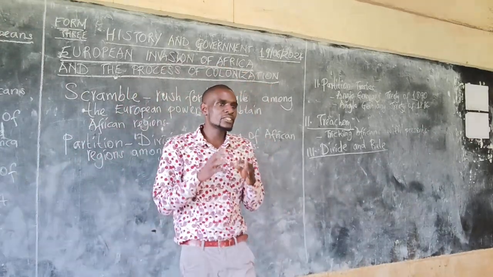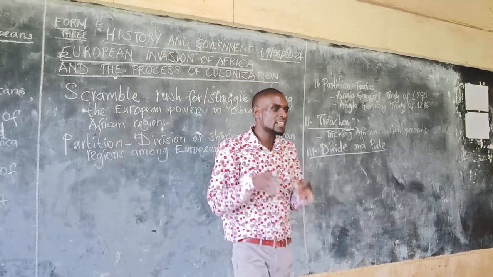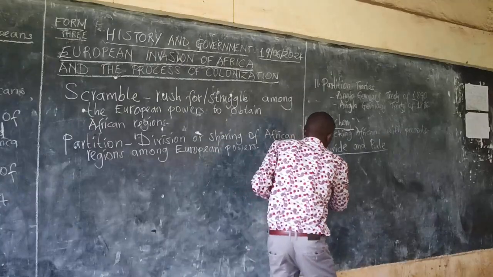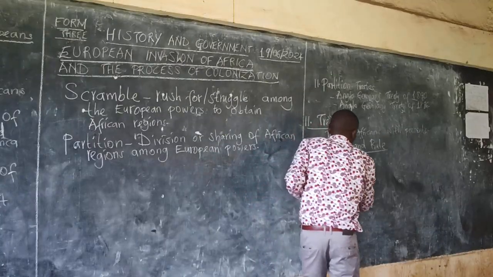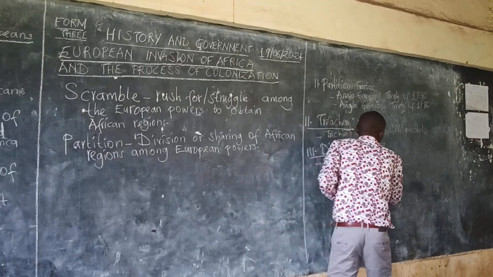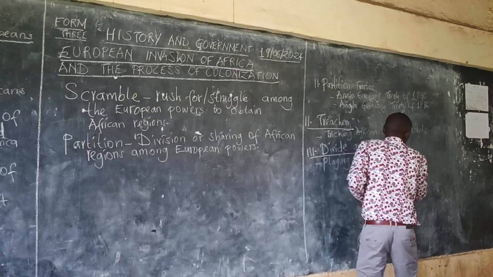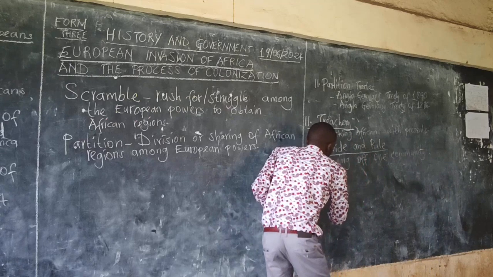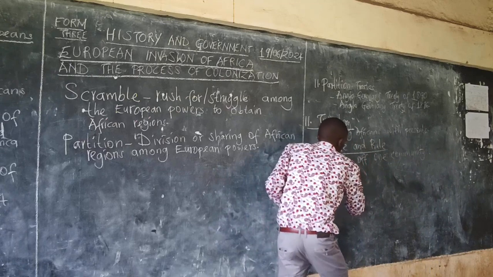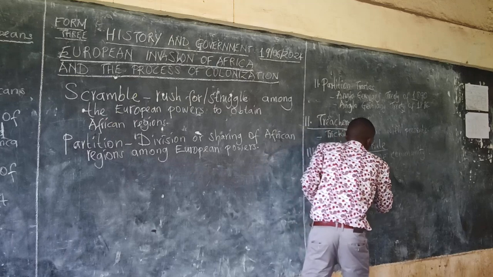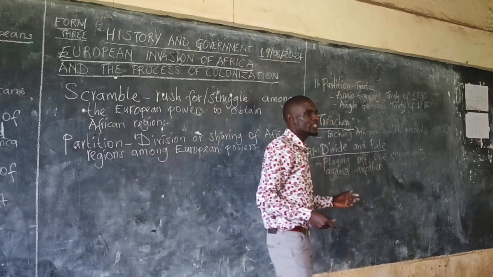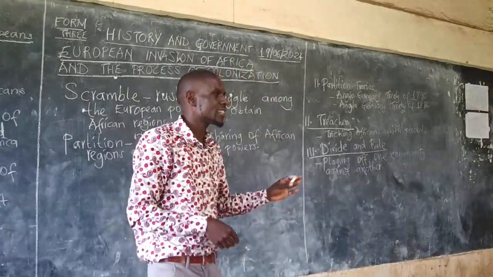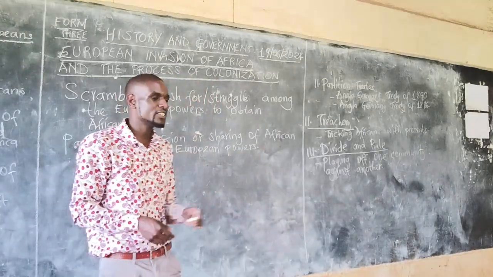When the communities were weakened, the Europeans could come in and take over their territories. When the communities fought each other, they became weakened, and therefore the Europeans got a chance of coming into their territory.